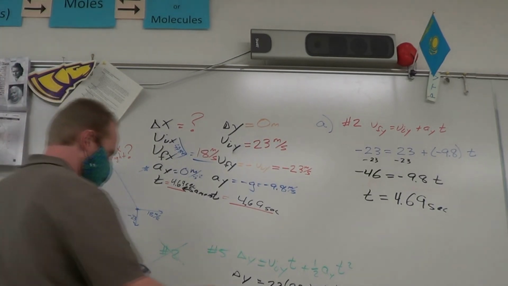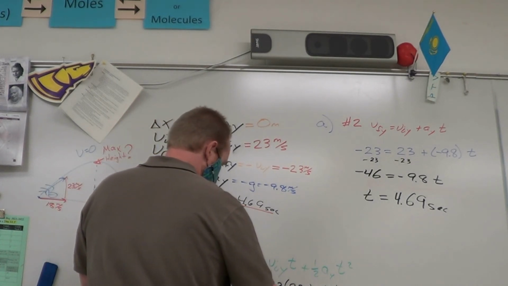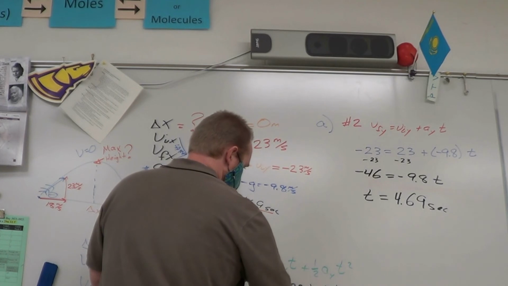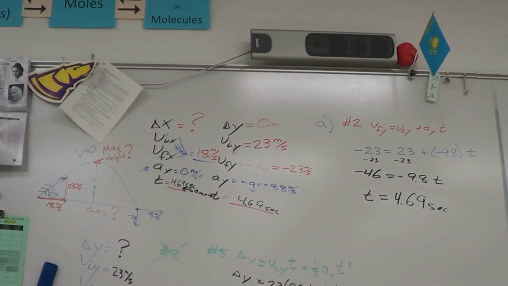Assuming I just punch that into my calculator correctly, I get a delta y of 26.99 meters high. So it went up 26.99 meters. Let me just double check that I input that in my calculator correctly. Yeah, that's right.